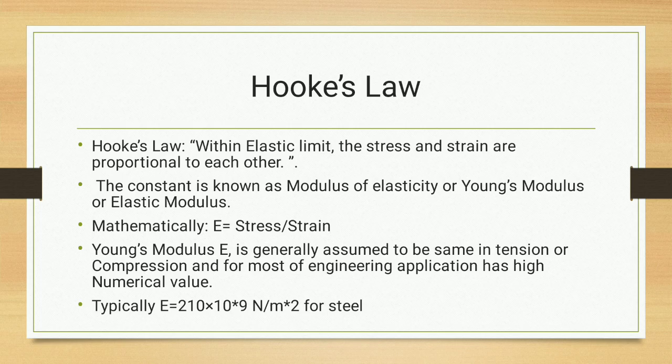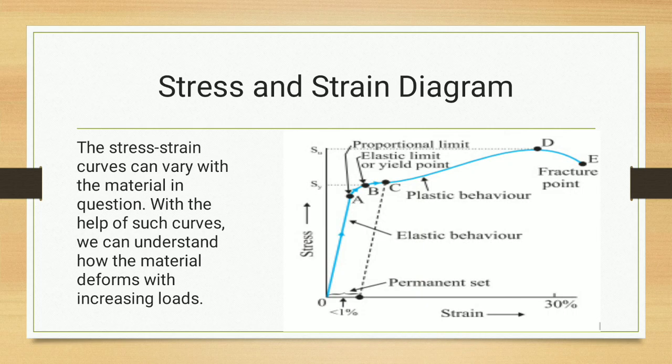Young's modulus E is generally assumed to be the same in tension or compression, and for most engineering applications has a high numerical value. Typically, Young's modulus E equals 210 into 10 to the power 9 Newton per meter square for steel. It has a different value for different materials.